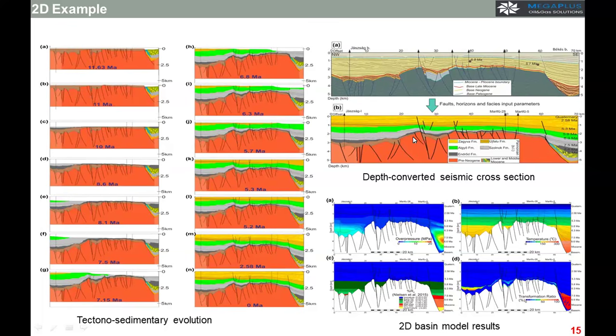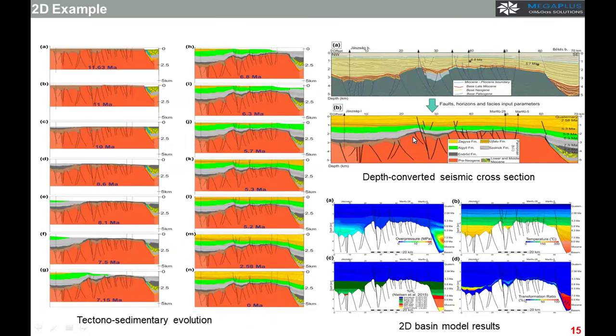On the 2D model, you take this cross section and we call it in PetroMod backstripping. With backstripping, you return to the original, older time and start to build your model step by step, knowing the wells you have, and also the backstripping by your PetroMod software or Trinity, by the way. Trinity and PetroMod do this analysis.